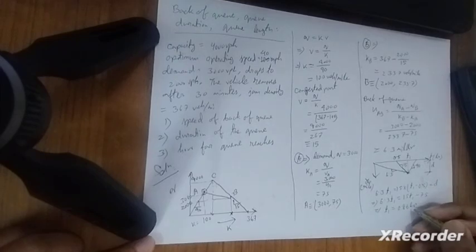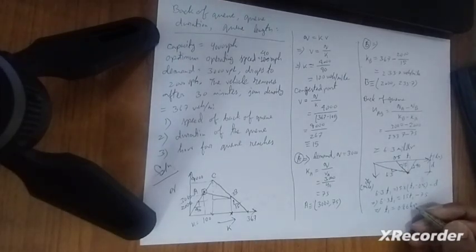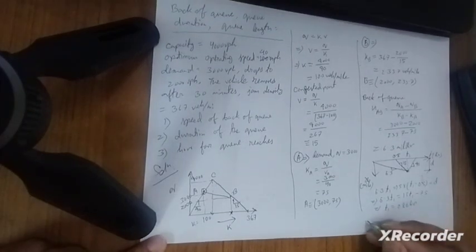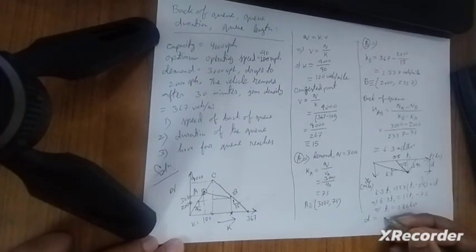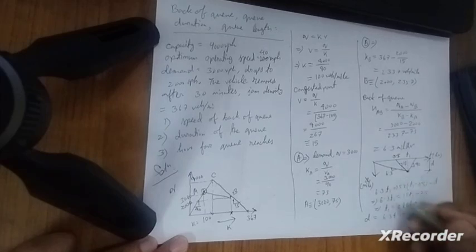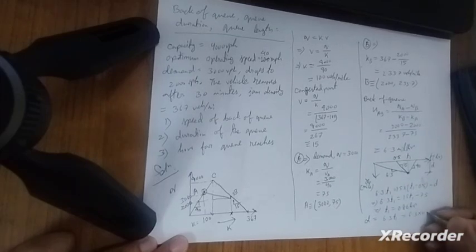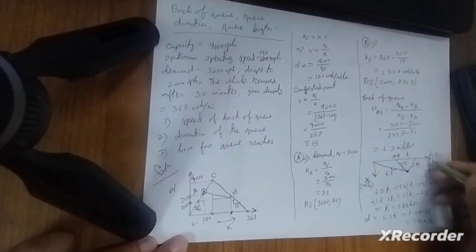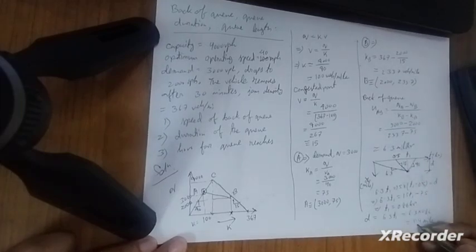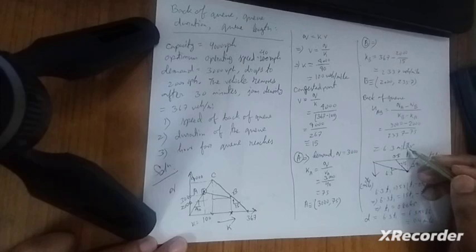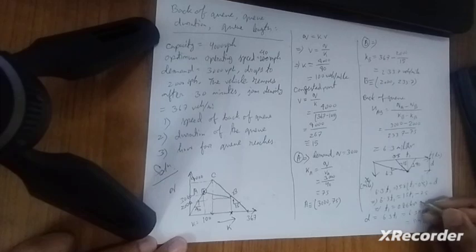So after 0.86 hour the Q will start to dissipate. The length of Q is 6.3 times 0.86, which gives us 5.4 miles. So the maximum length of the Q will be 5.4 miles, the back of Q moves at 6.3 miles per hour, and its duration is 0.86 hour.